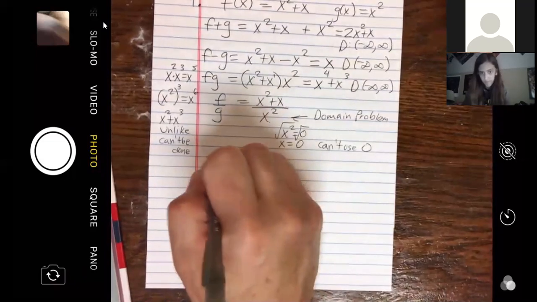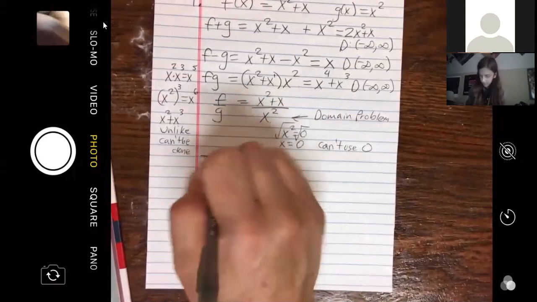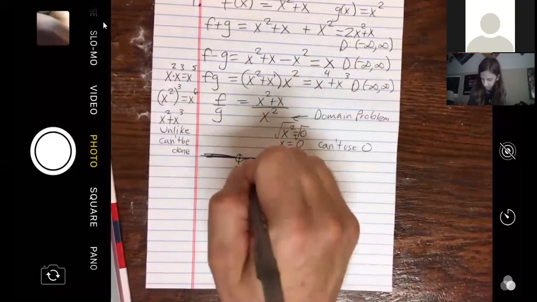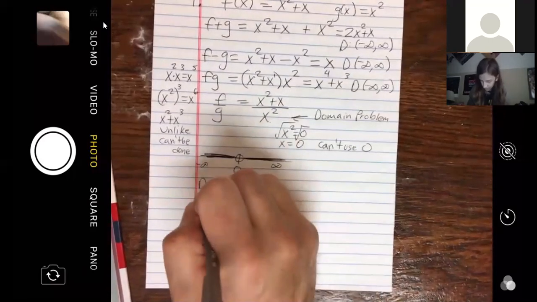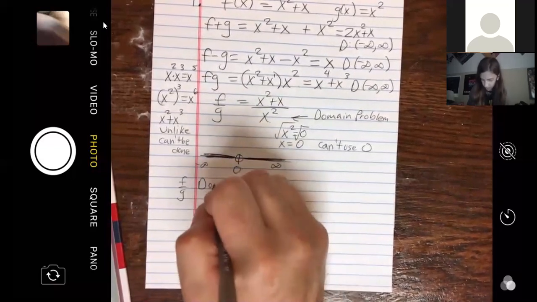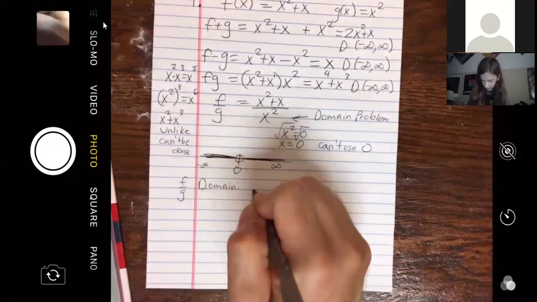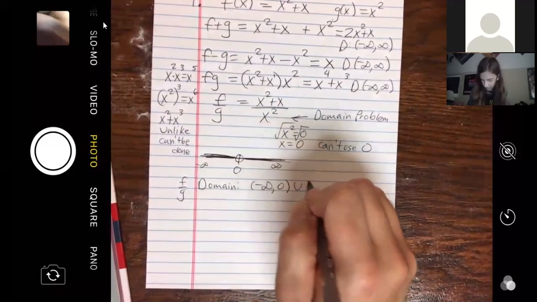So I'll just graph that out. Put an open circle at 0. Numbers on either side, no problem. So the domain for f over g is negative infinity to 0, union 0 to infinity.